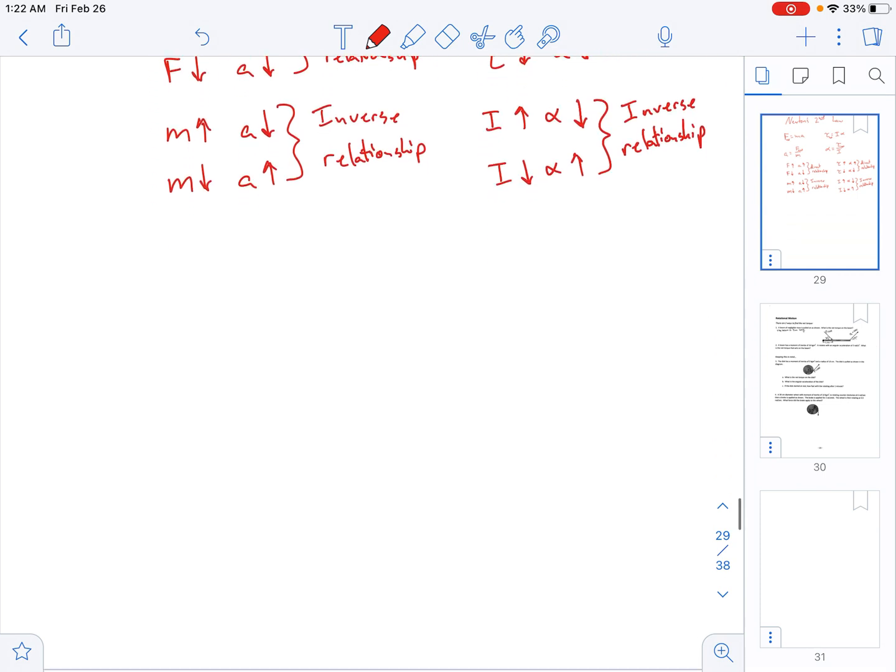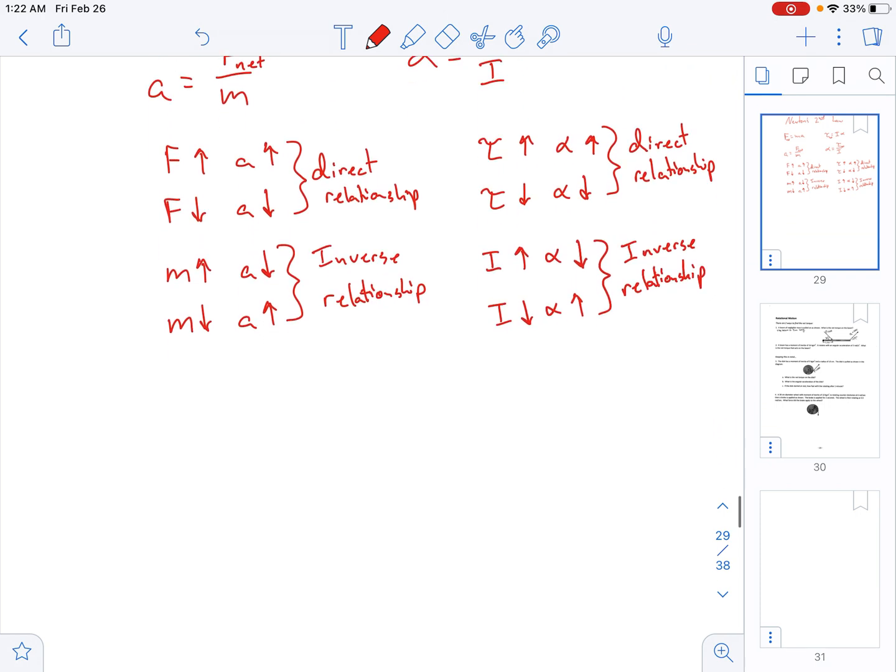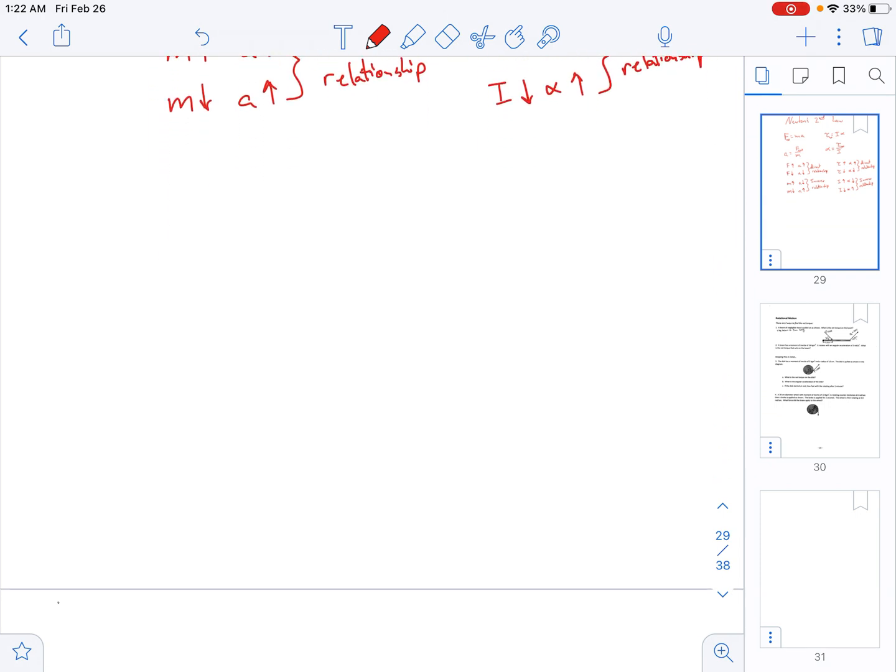When it comes to a graph, if you remember, having a force versus acceleration graph would give us the mass when we would calculate that slope, right? Our slope would be our rise over our run, meaning our F over our a, right?